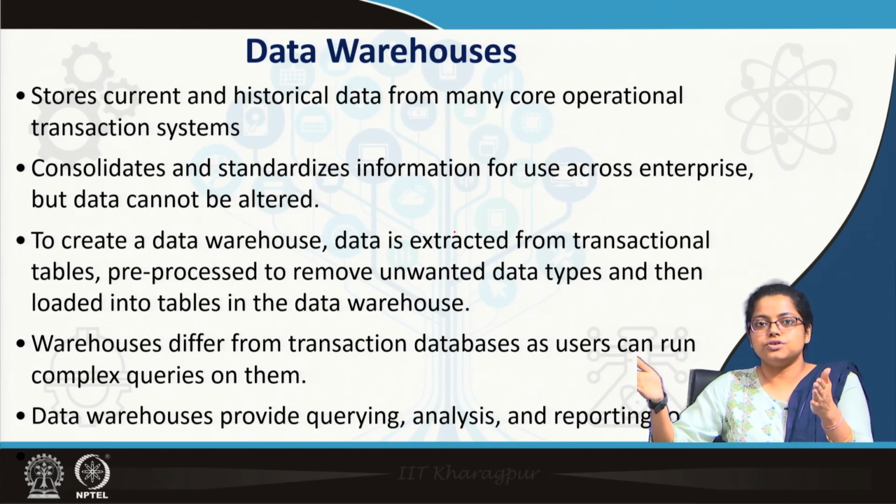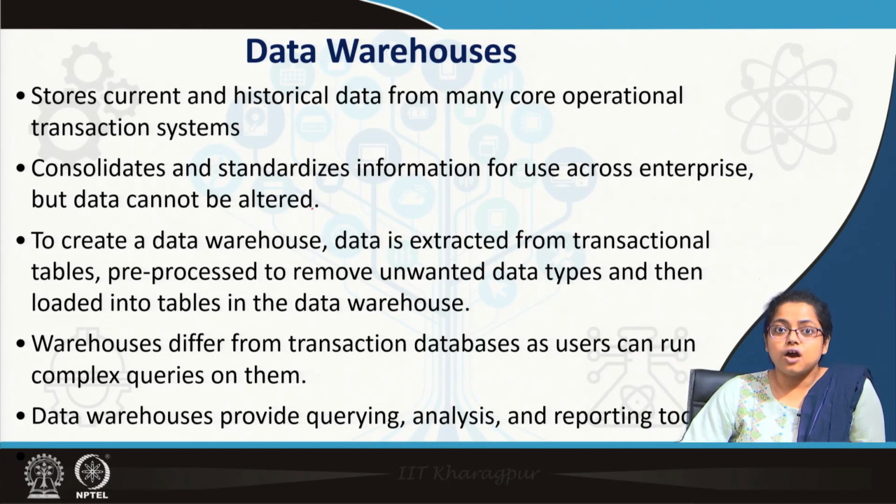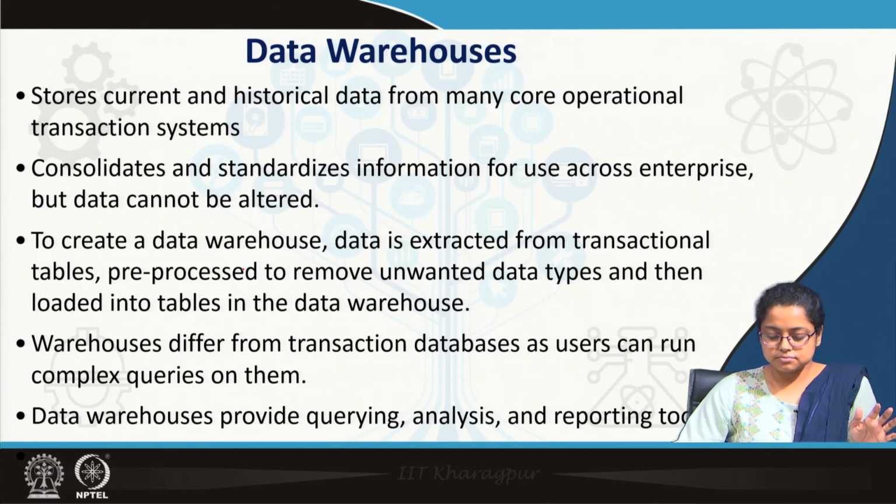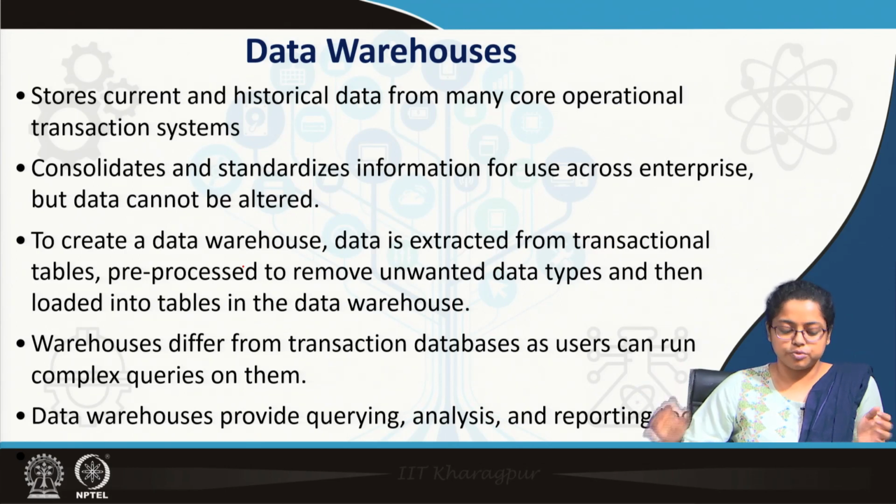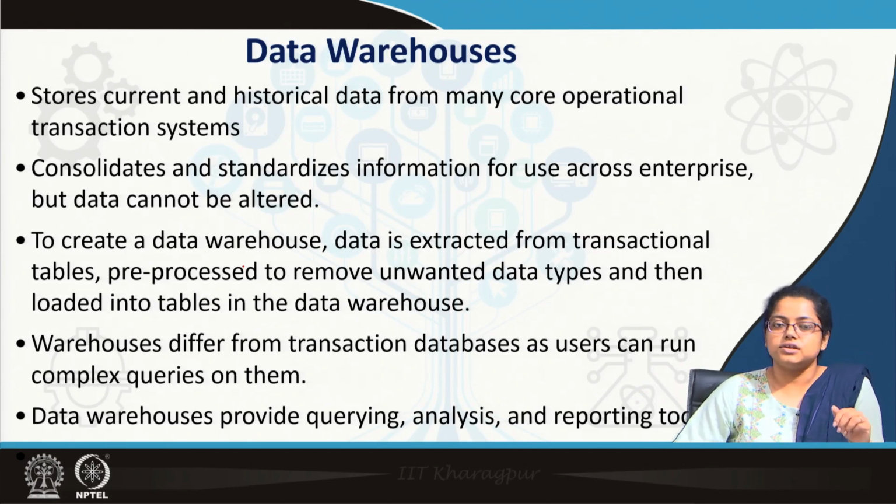So, data is then loaded into the data warehouse. Warehouses differ from transactional databases as users can run complex queries on them. Data warehouses also provide features such as querying, analysis, and reporting tools. So, you can query them, you can analyze them, and you can generate reports. So, these are the purposes of a data warehouse.